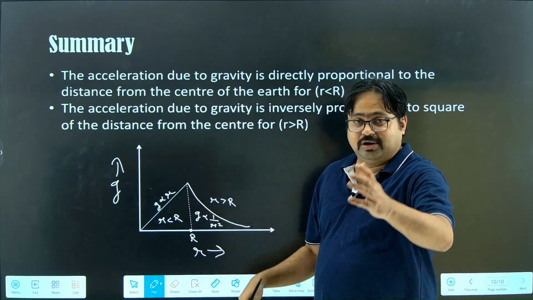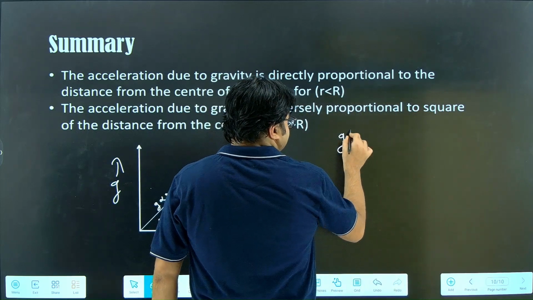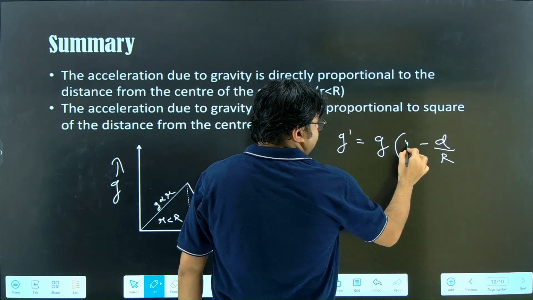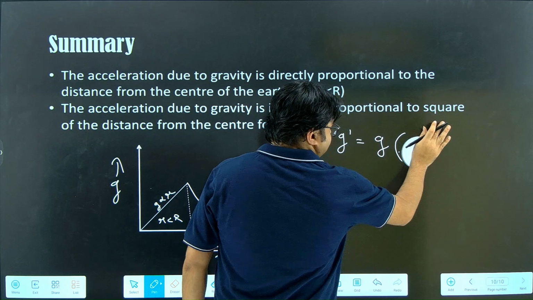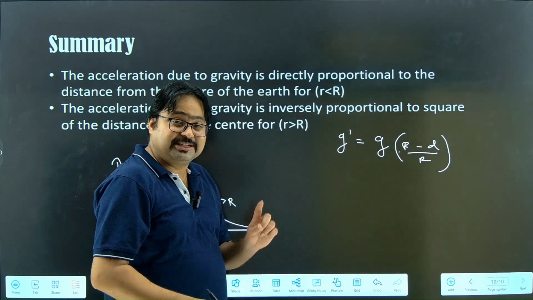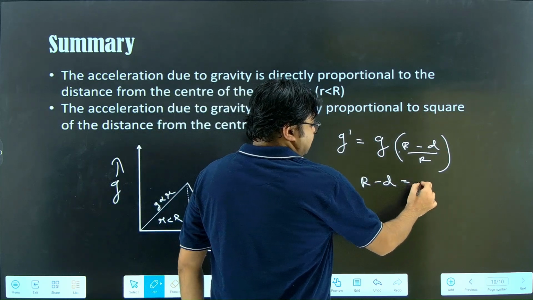If you have a confusion of why G is directly proportional to R, it's quite easy to see that G dash is equal to G into 1 minus D divided by R. You can just take an LCM. Then what happens is R minus D divided by R. R minus D essentially is the distance from the center of the earth.